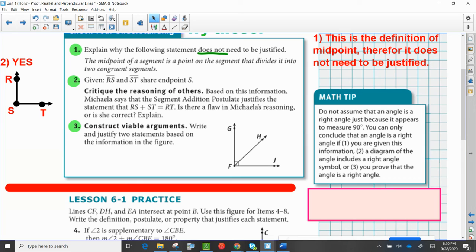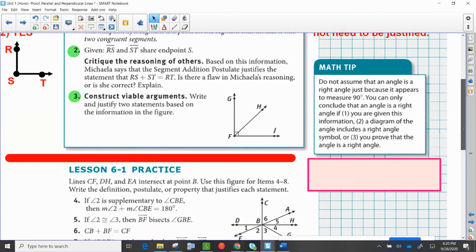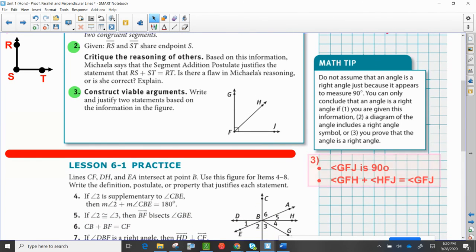Okay, and the last one, number 3, says write and justify 2 statements based on this figure. So what 2 statements can you come up with about this figure here on the right with angle GFJ? You could have had other statements, but here's what I came up with.